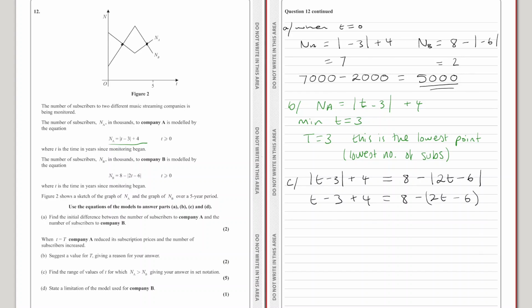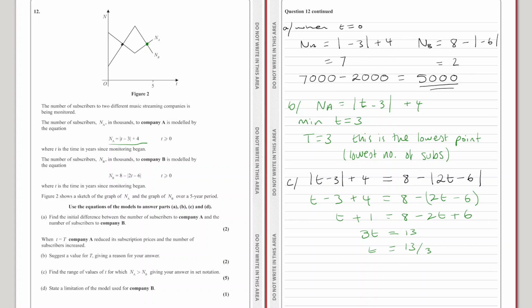So we've got a positive gradient for A, a negative gradient for B. So that should be this point here. So let's find it. So t plus 1 equals 8 minus 2t plus 6. So 3t equals 14 minus 1, 13 thirds.